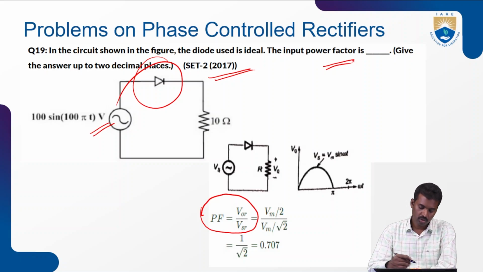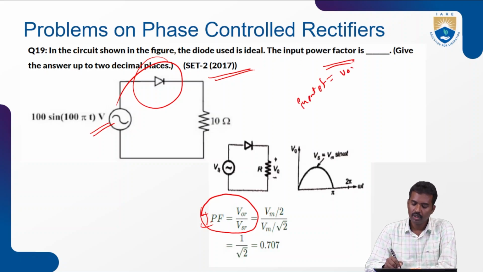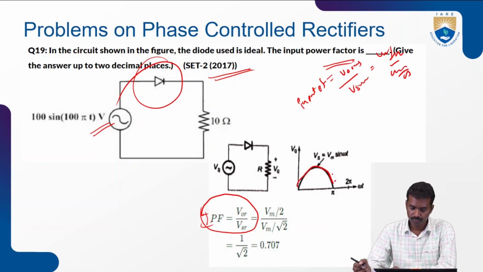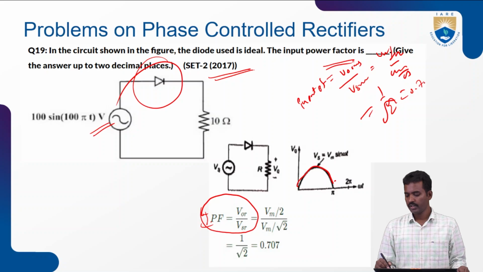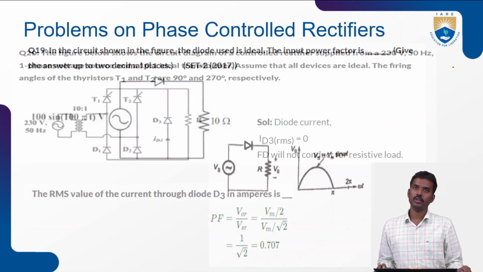So input power factor equals V0 RMS by source RMS, that equals Vm by 2 divided by Vm by root 2, which equals 1 by root 2, that is 0.707. No units for power factor.